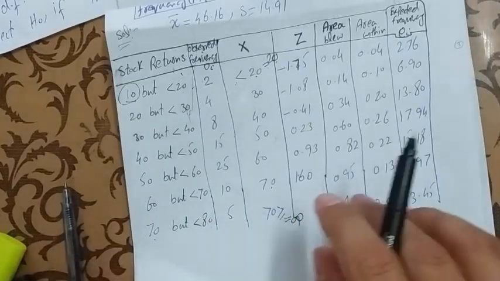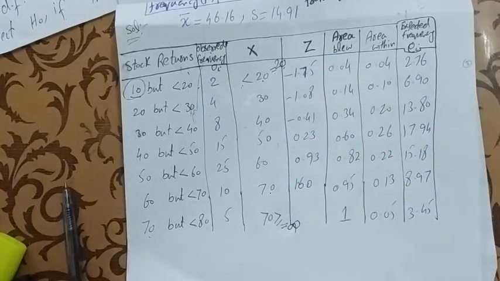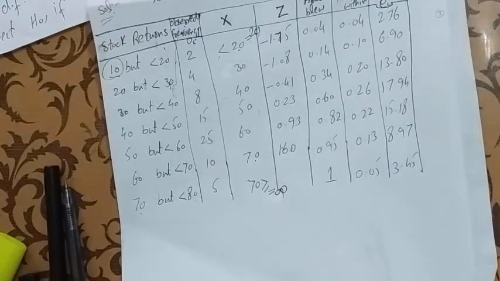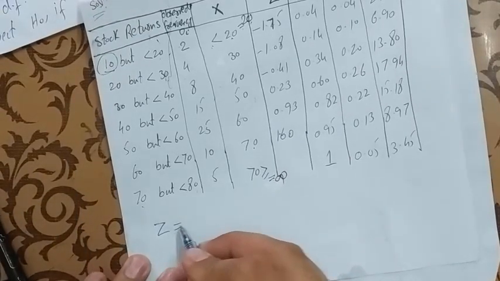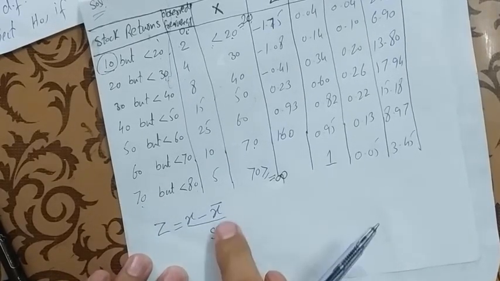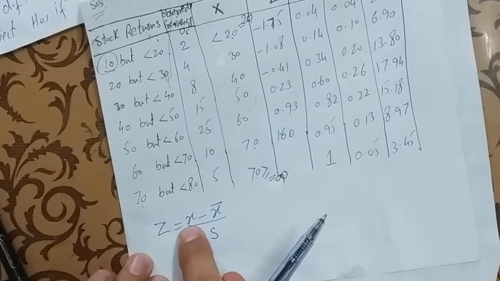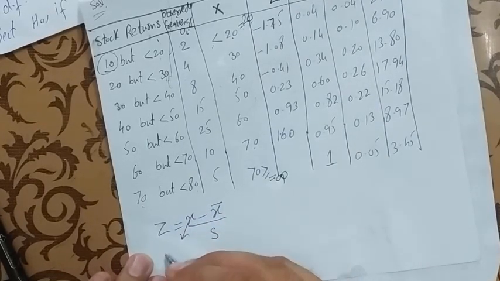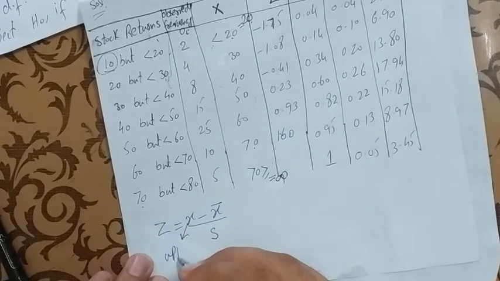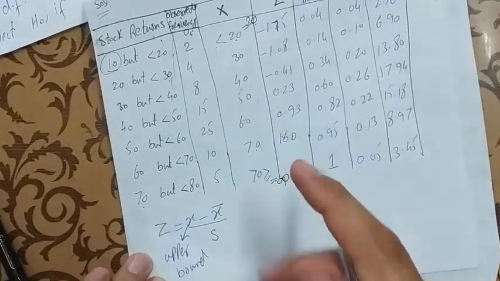So now we find the value of Z. How will we find the value of Z? The formula of Z is small x minus x bar over S. Here x bar is the mean and S is the standard deviation, and small x is the upper bound given in the x column.